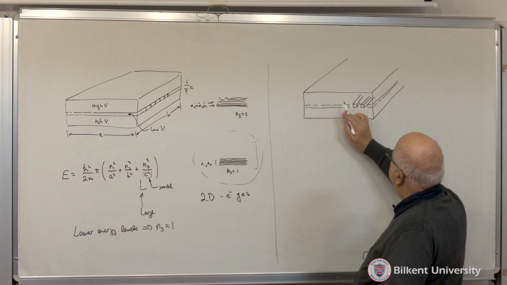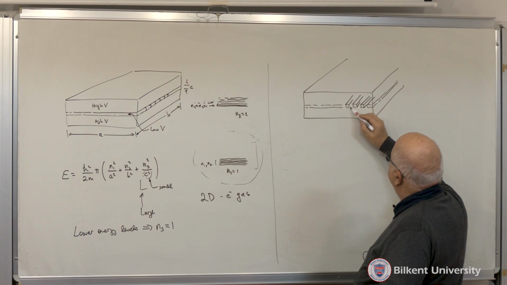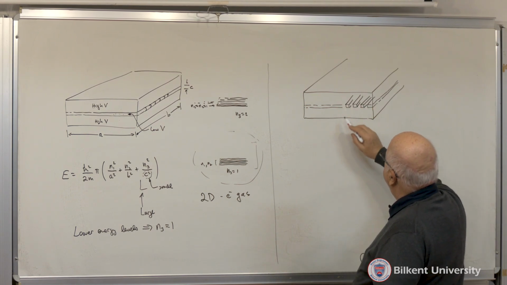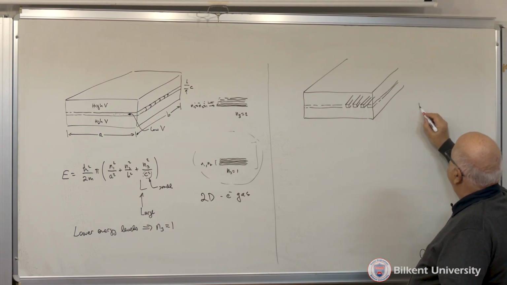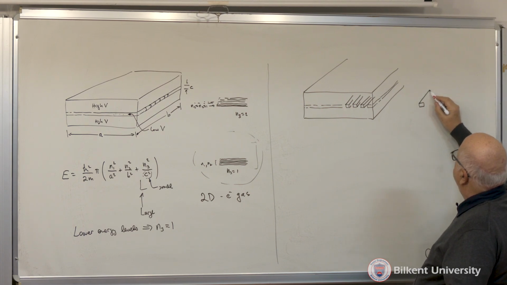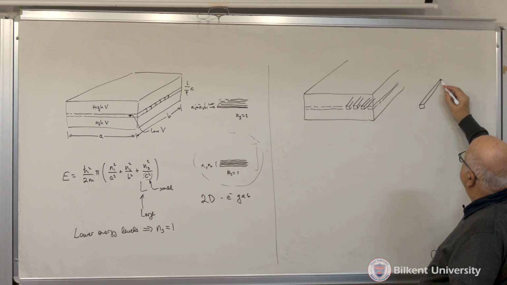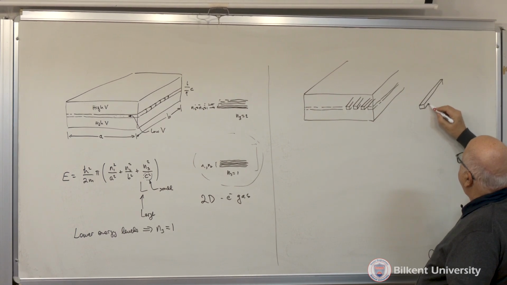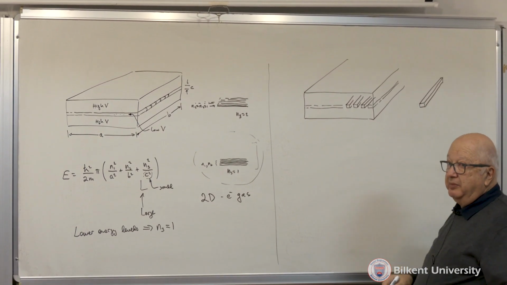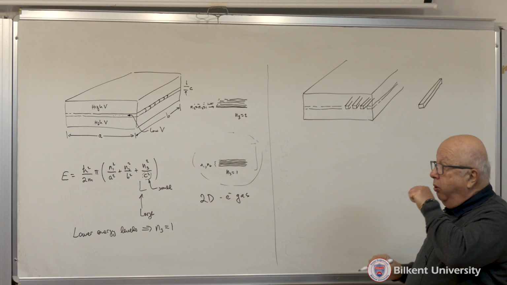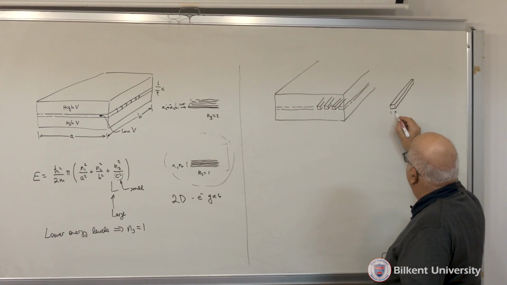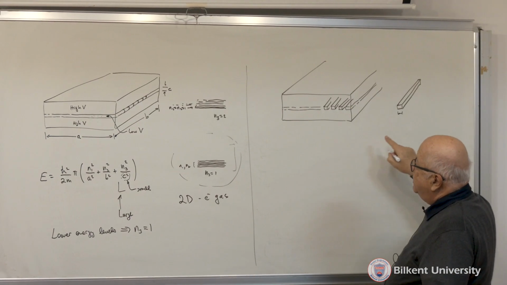I don't want to do this all over the place, but you get the idea. You get basically boxes which are macroscopic in this direction, perhaps a millimeter long, but extremely small in these directions.